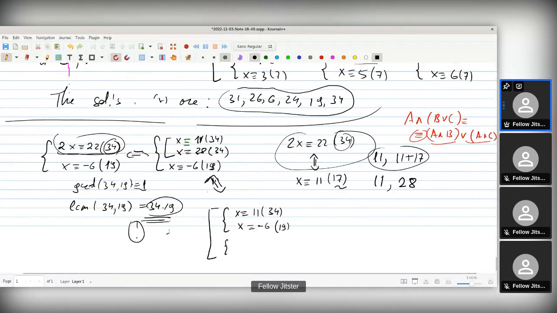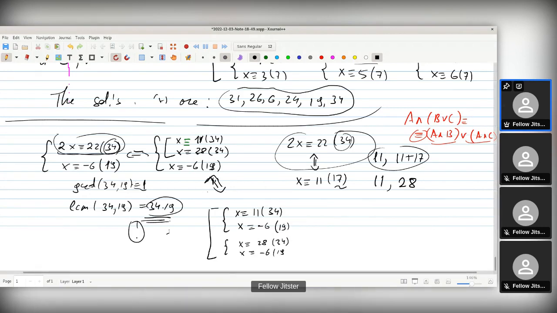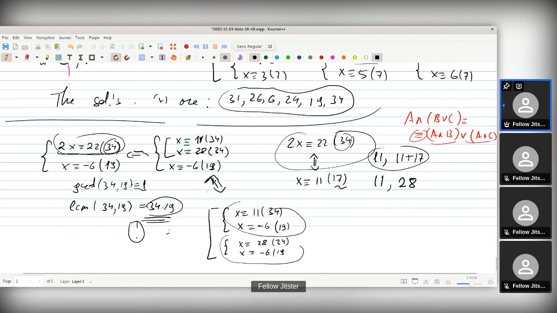So here we have 11 and 28, and minus 6 modulo 19, and the whole stuff is logically equivalent. Our final strike: our system of simultaneous congruences is equivalent to these two, and each of those can be easily solved using the Chinese remainder theorem, because the moduli 34 and 19 are co-prime.